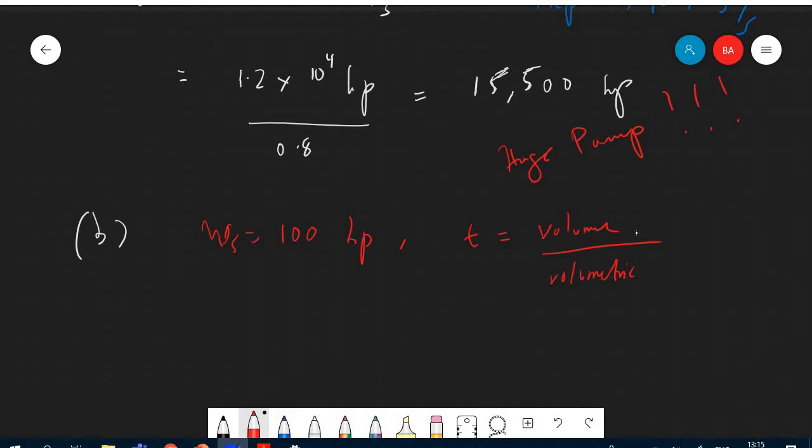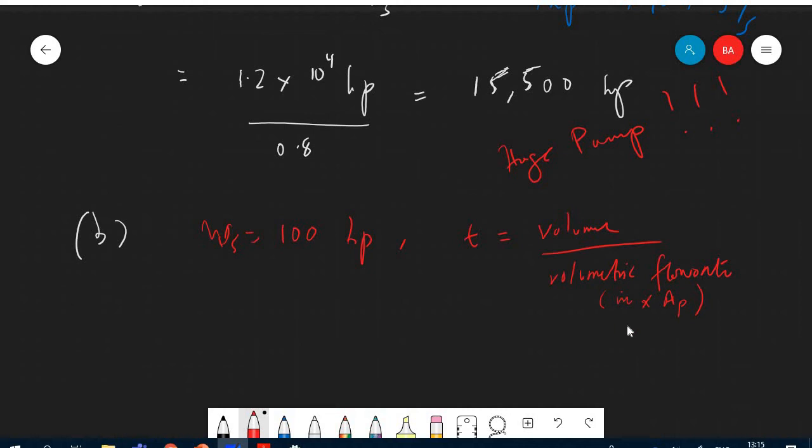I can get this volumetric flow rate from the m dot, all right? If you just take m dot and multiply it by the area of that pipeline, I'm going to get the volumetric flow rate, and I already know the volume.